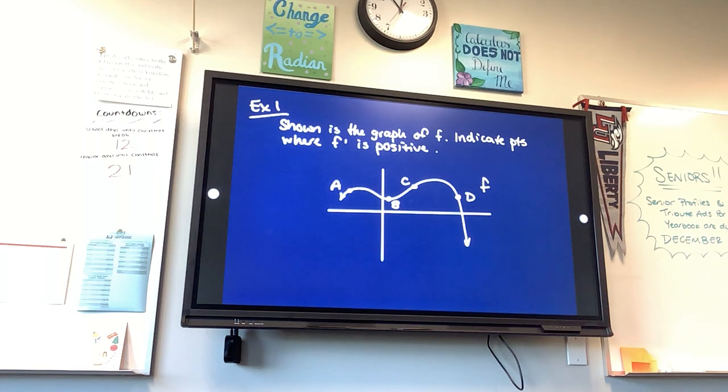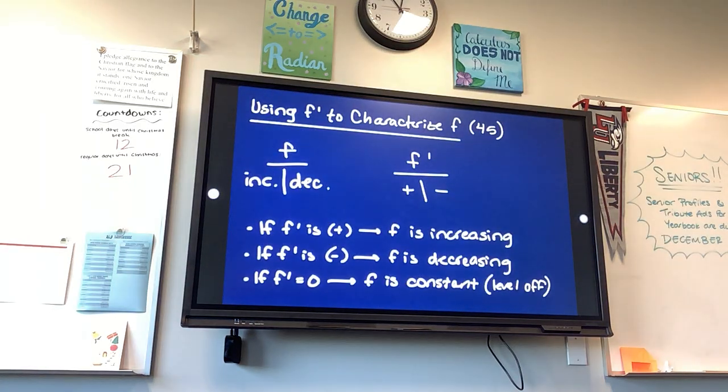Okay. We're going to refer to the table. So I'm going to jump back to the table so we have it in front of us here. And the graph that we're given is f.